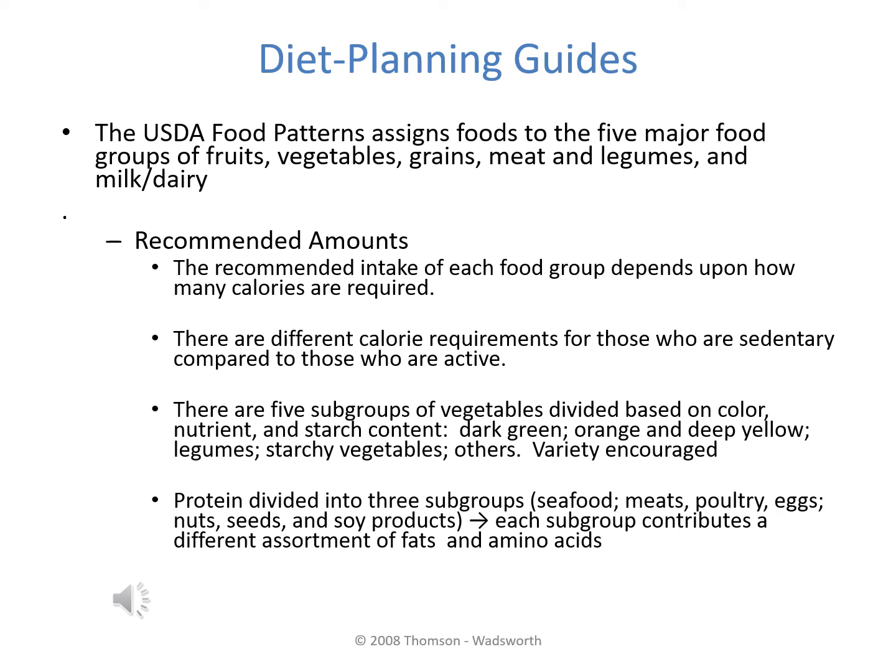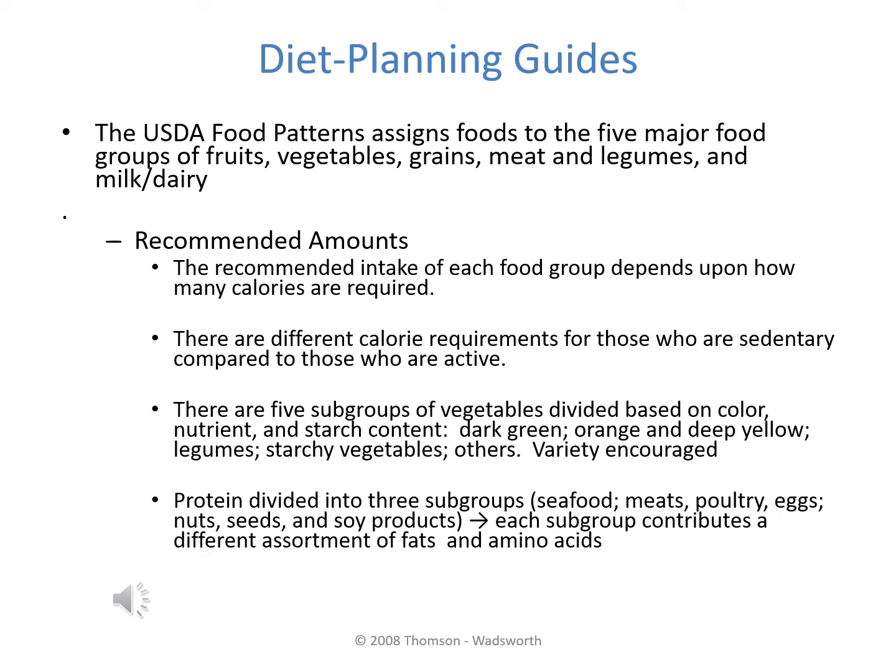Then the second group, which has a little bit more detail, again through the food patterns, is the protein group. This group has been subdivided into seafood, and then meat, poultry, and eggs. Then finally nuts, seeds, and soy products, and the legumes are incorporated into this category also.